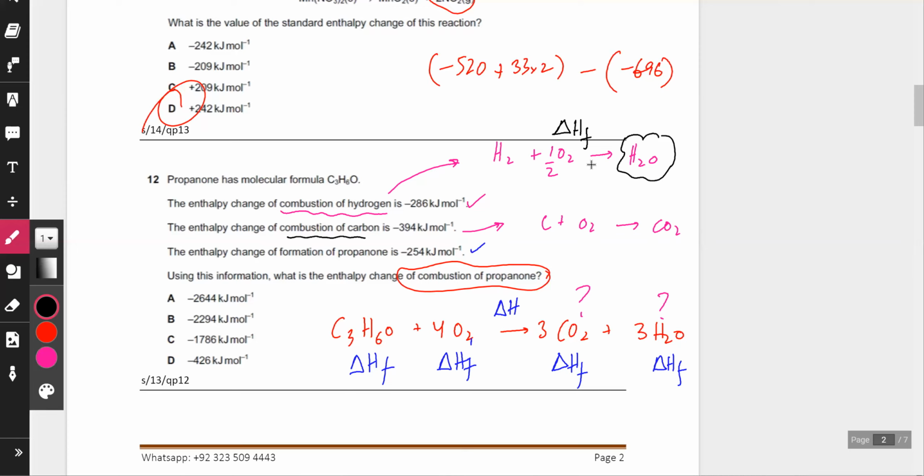So this water molecule is getting formed from its elements. So the thing you're calling the enthalpy of combustion of hydrogen is basically the same thing as enthalpy of formation of water. Amal, is this point clear?